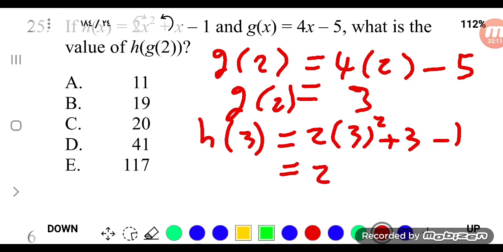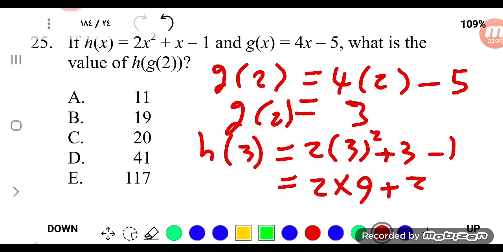So 2 times 9 plus 3 minus 1 is plus 2. So 18 plus 2 is 20. Option C is the correct answer.